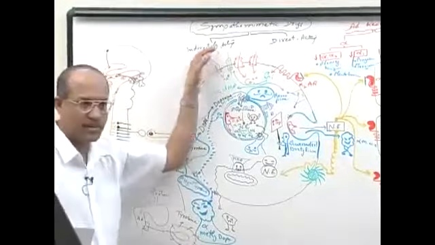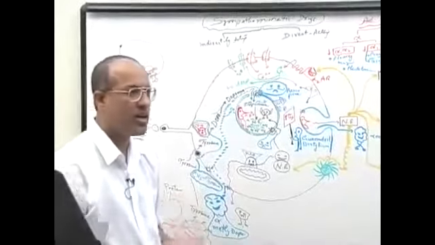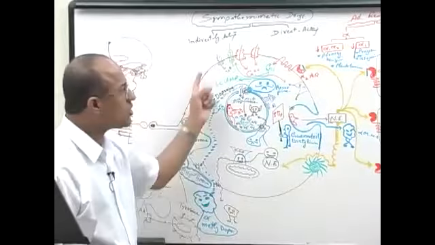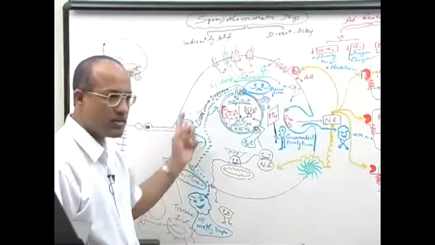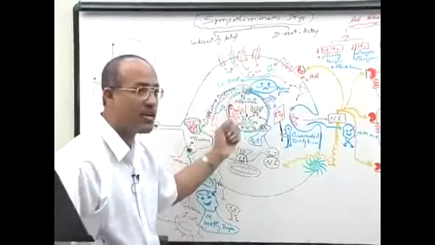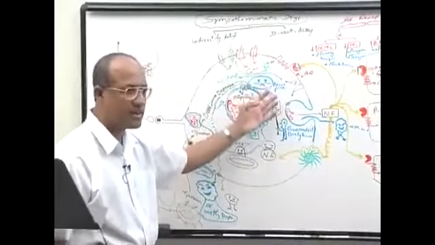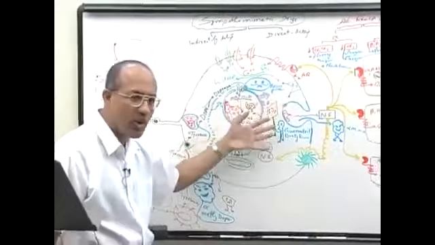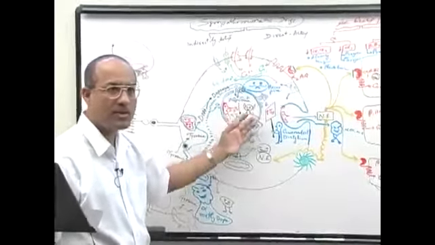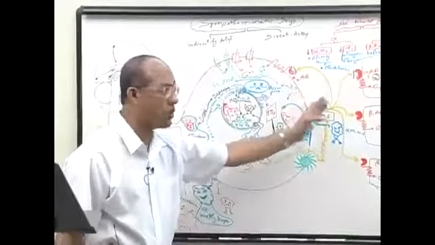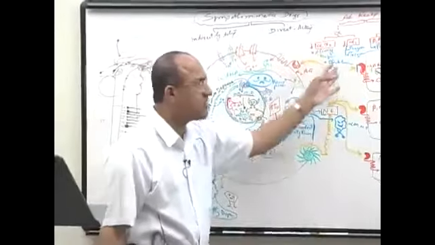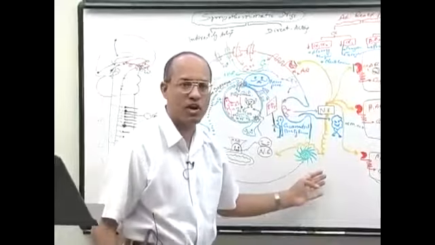And indirectly acting sympathomimetic drugs are those drugs which act on the sympathetic nerve ending and alter its function in such a way that the amount of norepinephrine released by the nerve ending is more, or the amount of norepinephrine present in the synaptic area is more than normal.